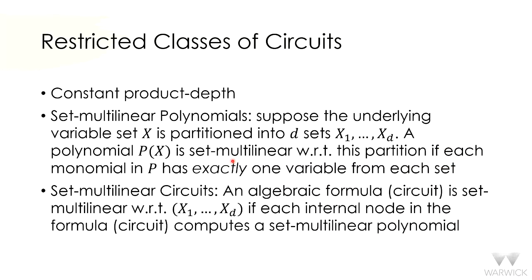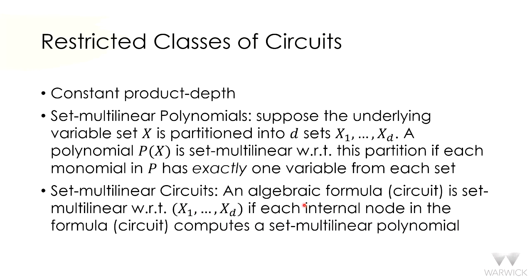All right, so correspondingly, we can define these restricted circuits, what I'm going to call set multilinear circuits or formulas. An algebraic formula or circuit is set multilinear with respect to a given partition if every internal node in the formula or circuit computes a set multilinear polynomial.